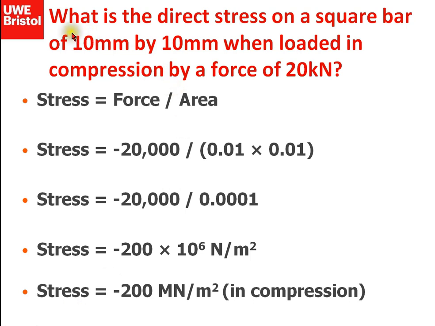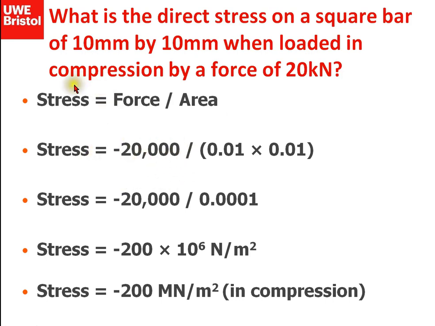Okay, this is an example now where we're going to be in compression, and we use now a square bar, so a 10 by 10 millimeter bar, and we've loaded it now to a 20 kilonewton value. So we've got force divided by the area. Now this time, because it's in compression, I'm going to take that into account.